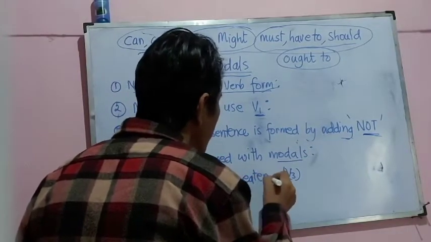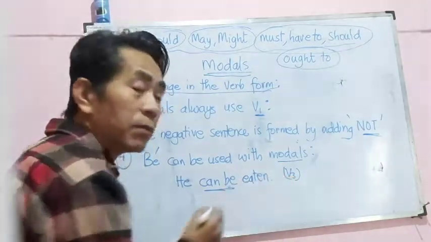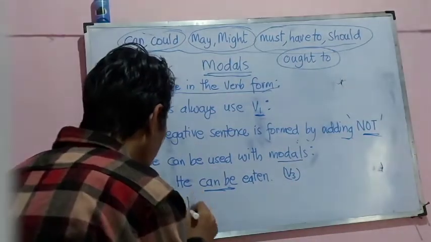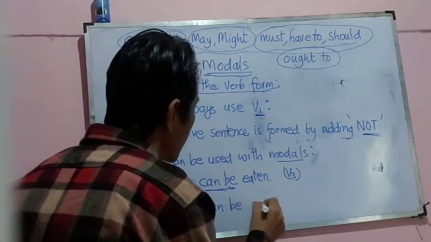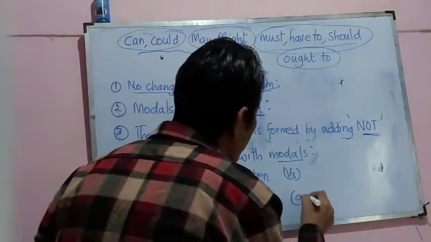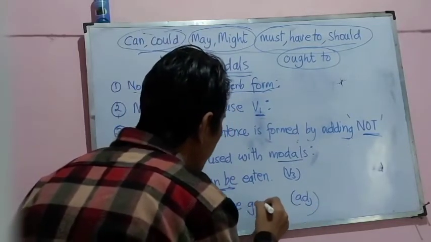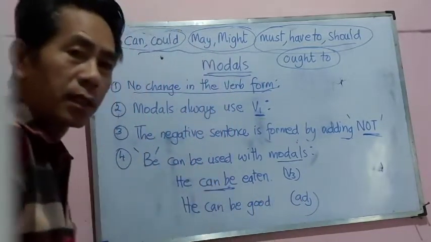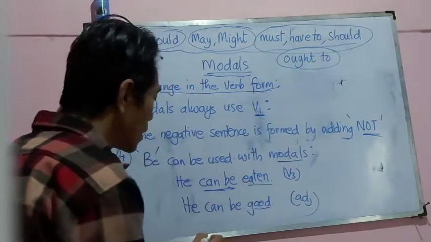Whenever we have that be, we can use verb 3, or we can use an adjective: he can be good. This is adjective, this is verb 3.